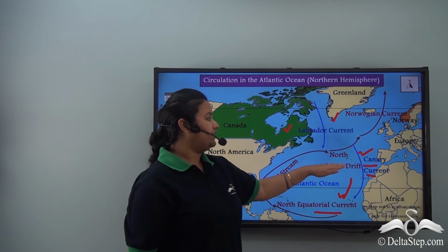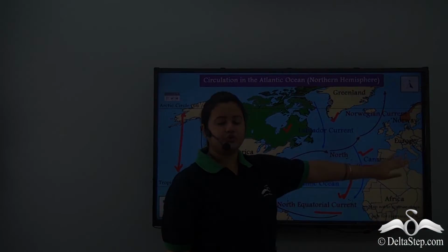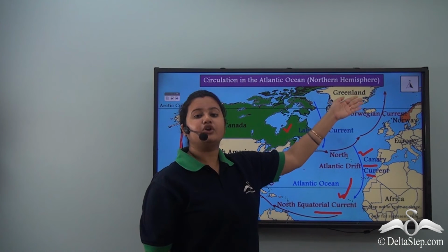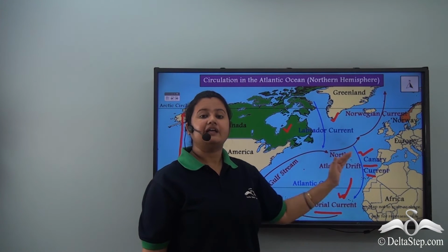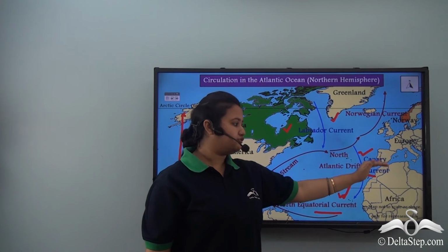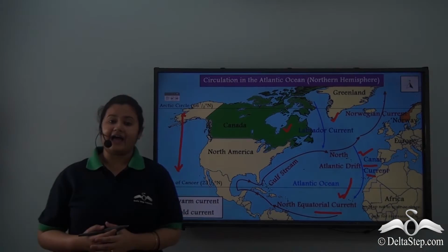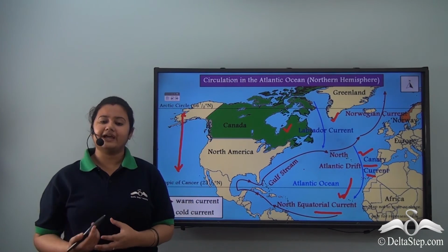And when the North Atlantic drift reaches the western coast of Europe, it branches into two parts. The northern part is the Norwegian Current and the southern part is the cold Canary Current. The cold Canary Current finally flows southwards and connects with the North Equatorial Current. And the circulation in the North Atlantic Ocean gets completed.